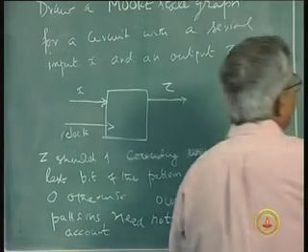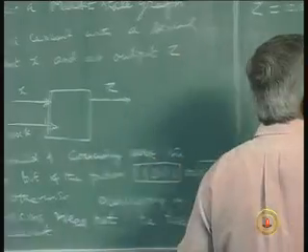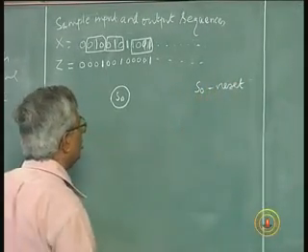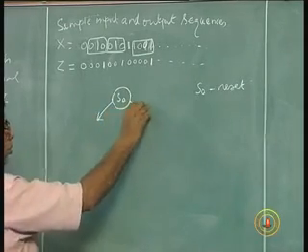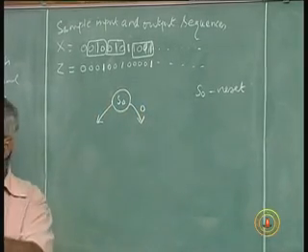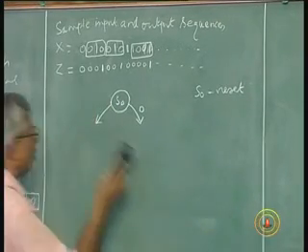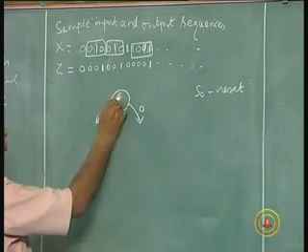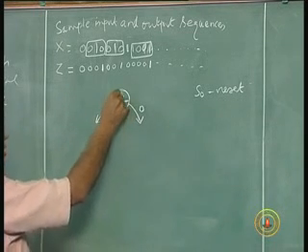So let us start with S0, the reset state. Zero. Now I don't have to draw an arrow for this. I have to draw the output within this state. So usually you put S0, that means in this S0 state the output is 0.